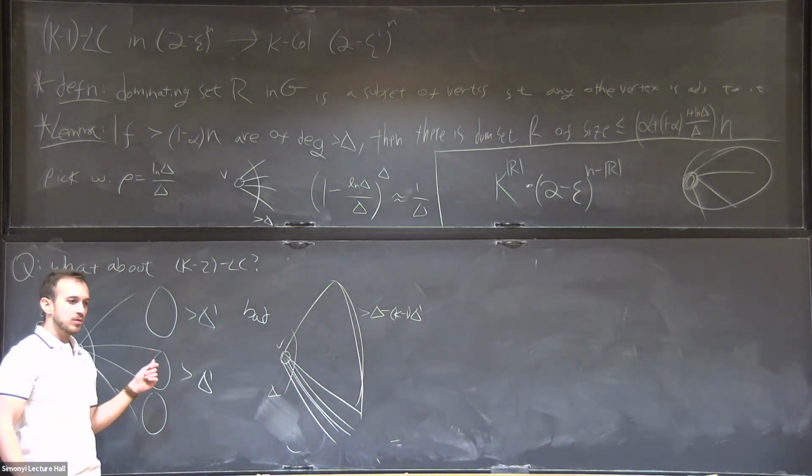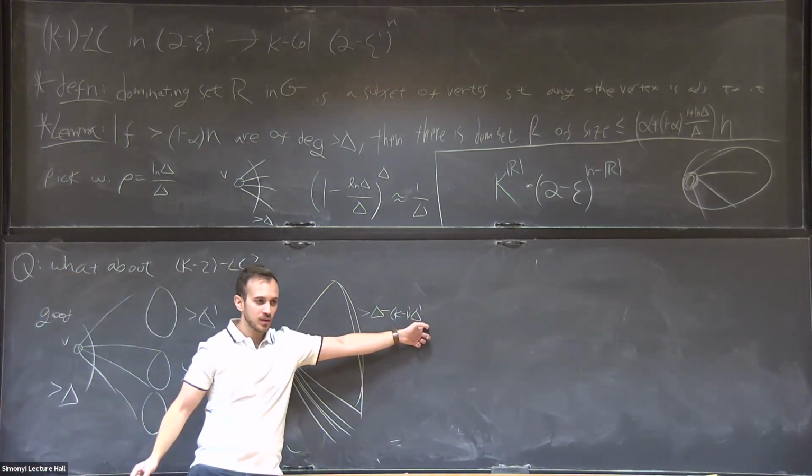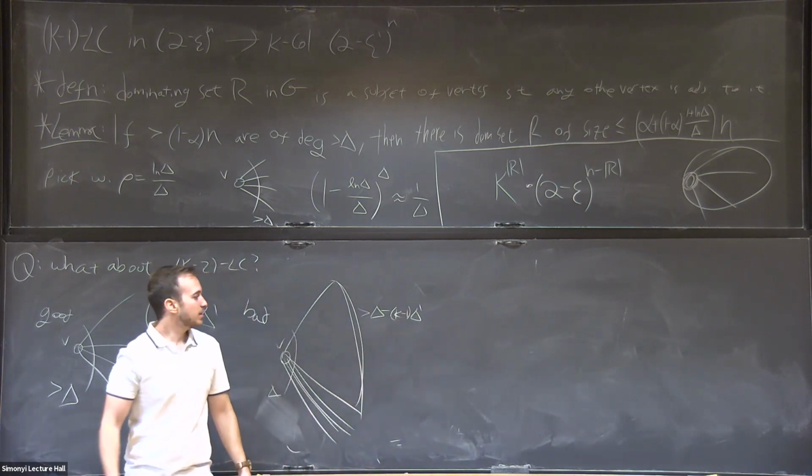Right, because if it was not good, then except for one color class, all of them were smaller than delta prime.